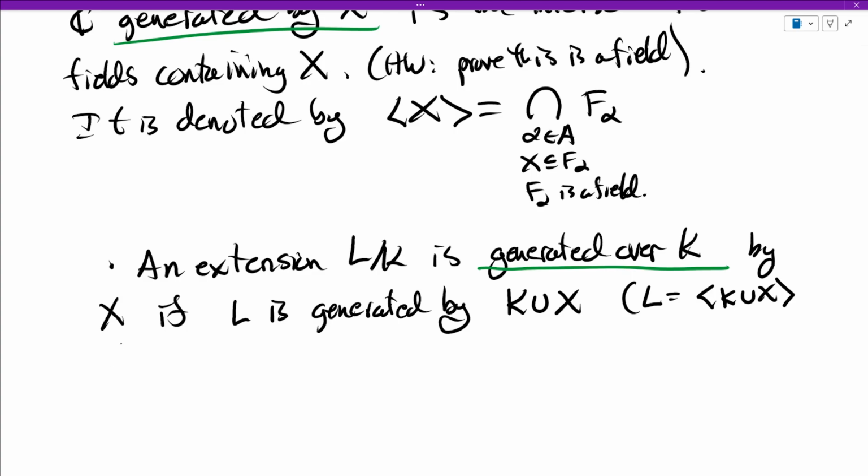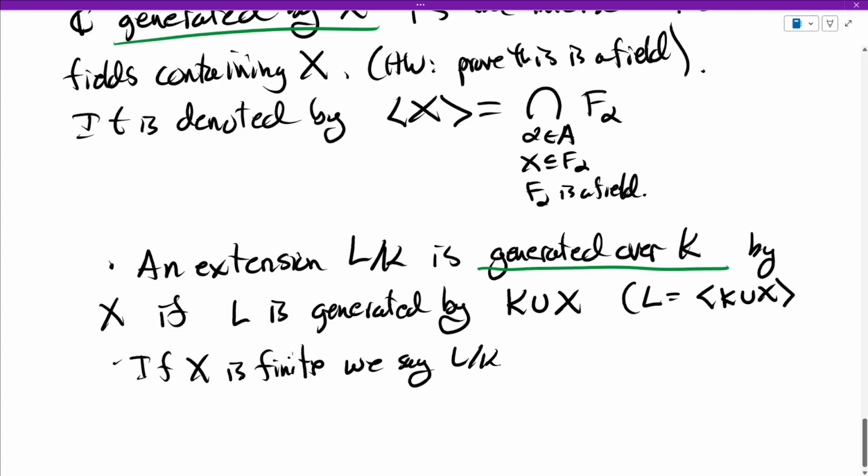If X is finite, which will be the case almost 99% of the time, we say L over K is a finitely generated extension. Why? Because you take K and you throw in finitely many elements. So this is the type of extensions that we were looking at earlier, Q adjoin root 2, Q adjoin i, and so on.